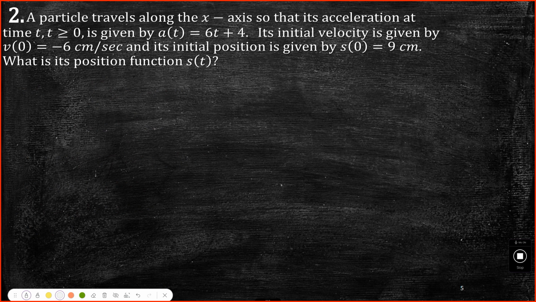Its initial velocity is given by this. Its initial position is given by that. What is its position function s of t?